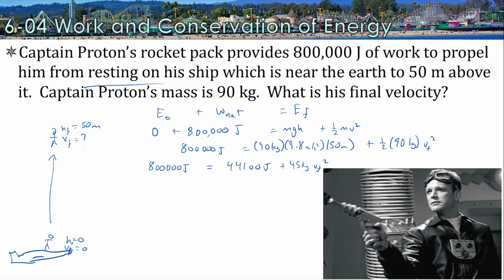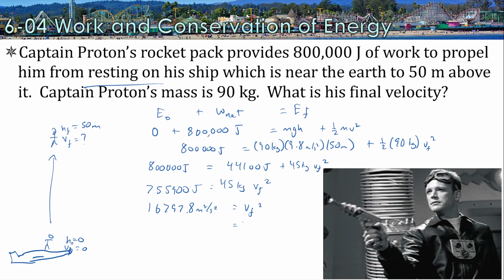So that 800,000 minus that potential energy is 755,900 joules. That became kinetic energy. Looks like I need to divide by the 45. I get 16797.8.